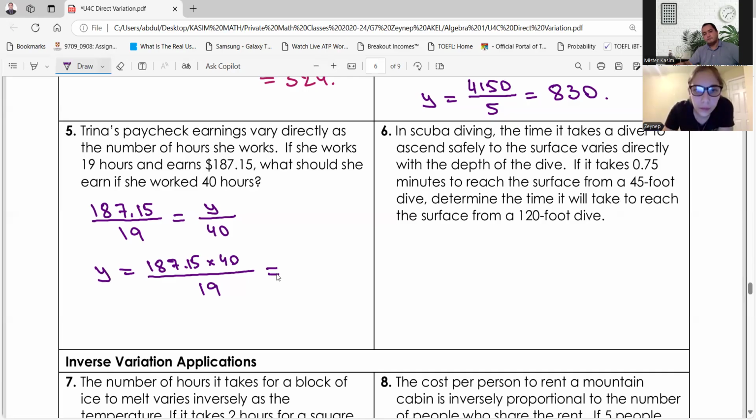Okay, so 394. That's correct. That is 394.